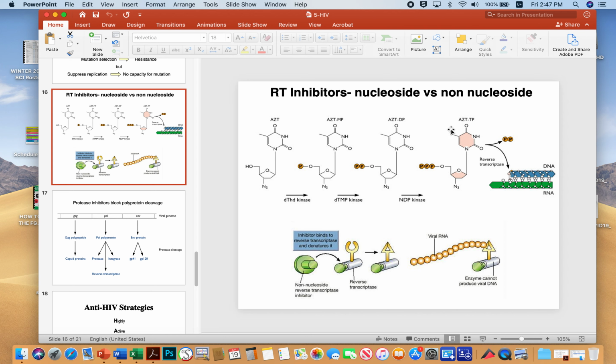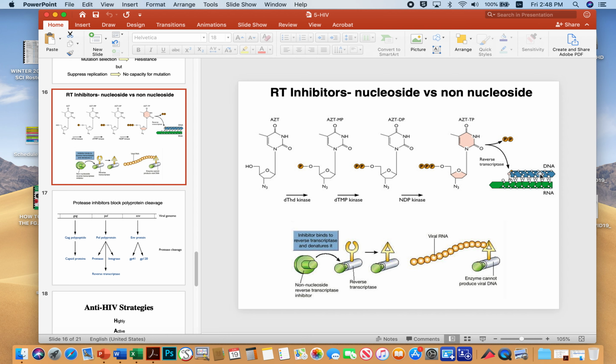In this particular case, the difference is that the 3' hydroxyl is removed, and in its place is a 3' azide group. So when this gets added to the growing DNA chain, the next 5' phosphate group from the next DNA will try to bind to the azide and can't, and so you get chain termination.